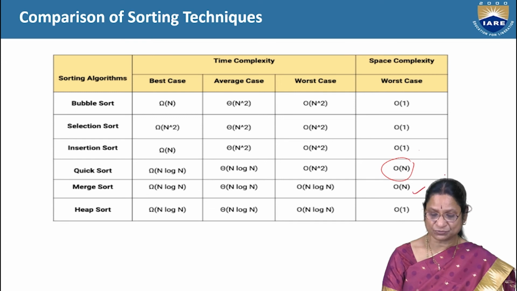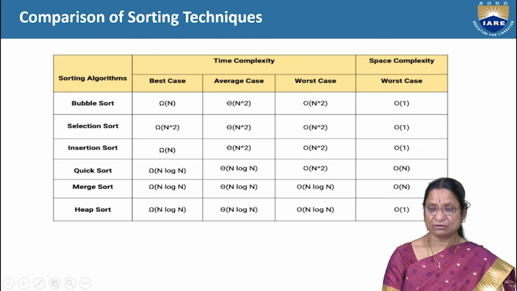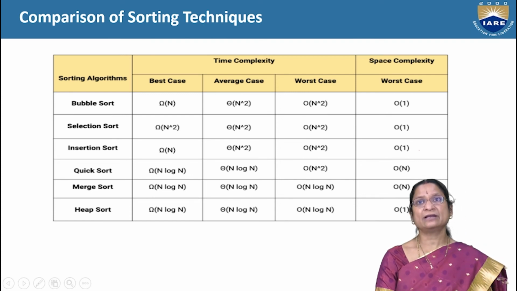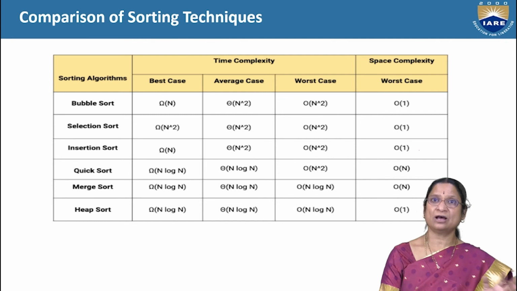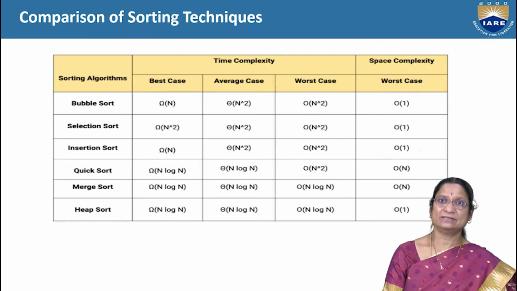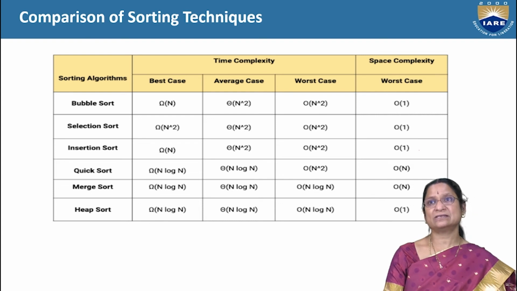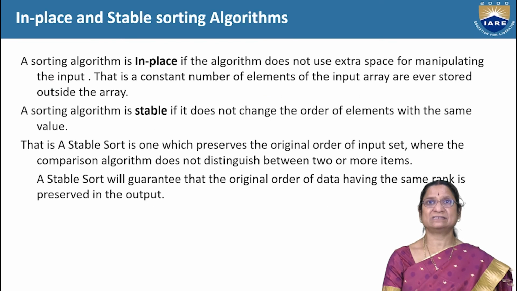But for merge we need more, because while merging we have to store the data in temporary storage. Either a sublist or the result of merging must be stored temporarily in a new sublist. So in such cases almost big O of n additional space is required.